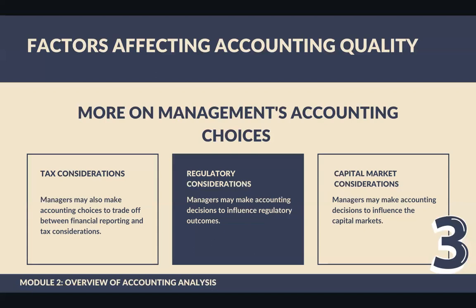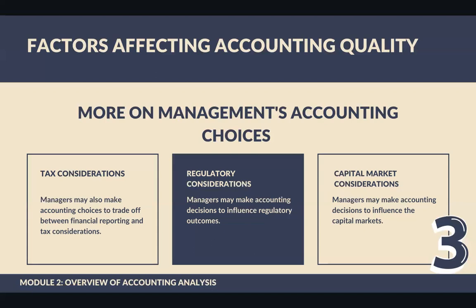Because in some cases, when a manager is after tax savings, then the accounting data must show a lot more expenses than revenue. So in order to show that, there should be appropriate accounting policies and estimates to back that up.